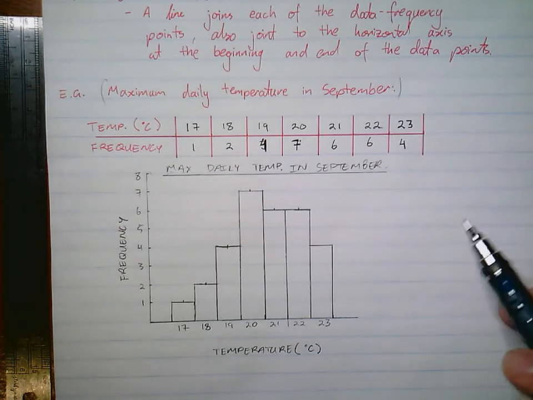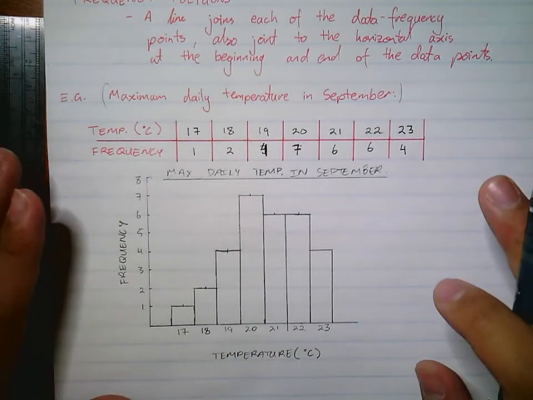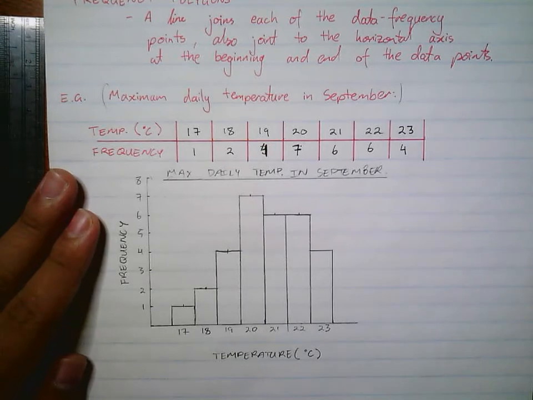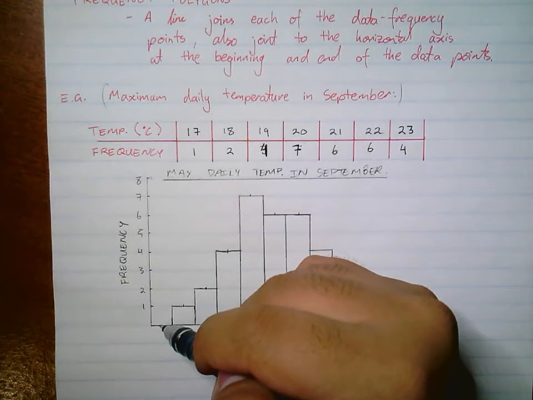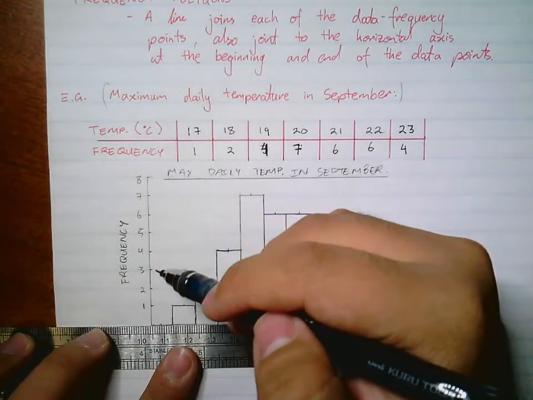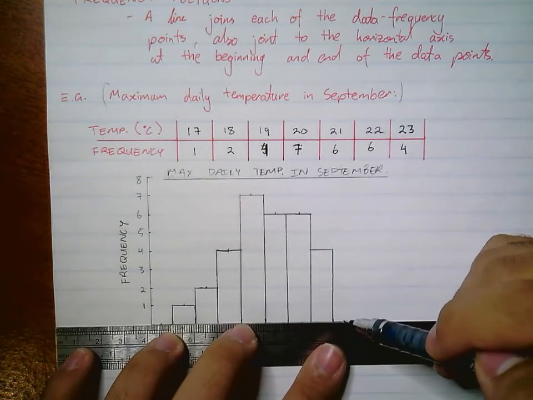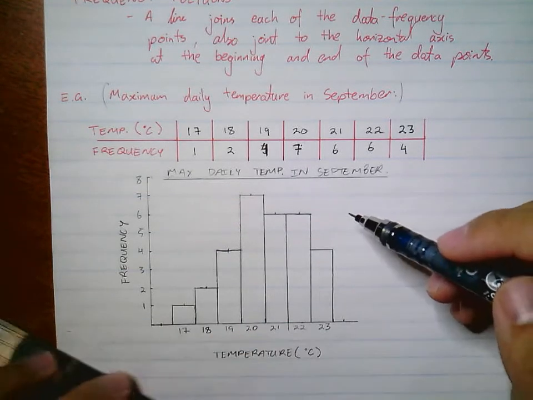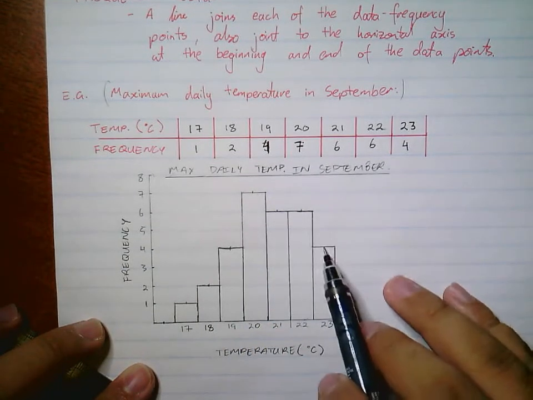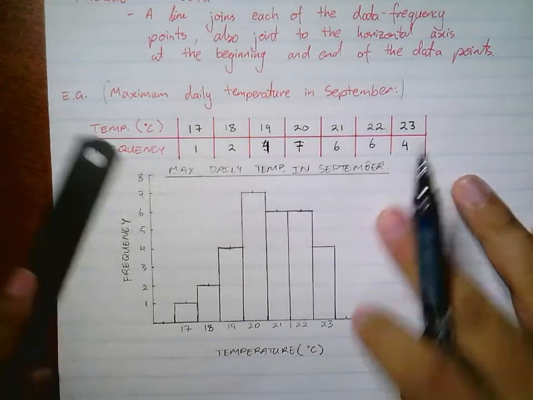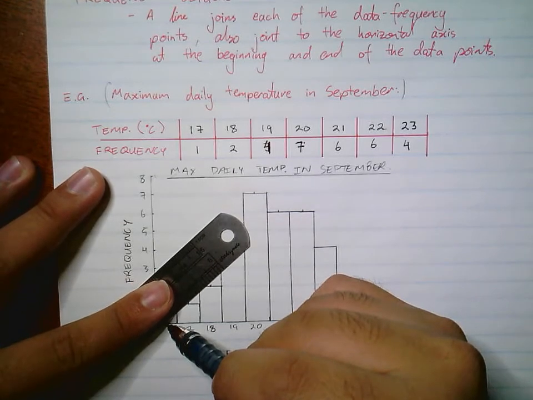Now, to construct a frequency polygon, all you have to do now is take the halfway point here and half a centimeter from here, and you're going to join this point to each of the halfway points on our histogram. So we'll just connect these points here.